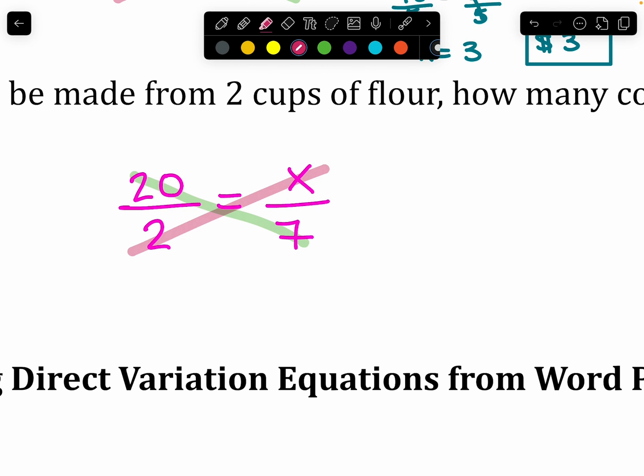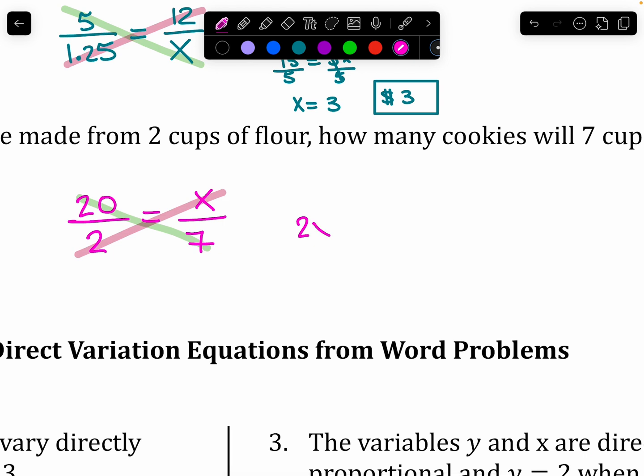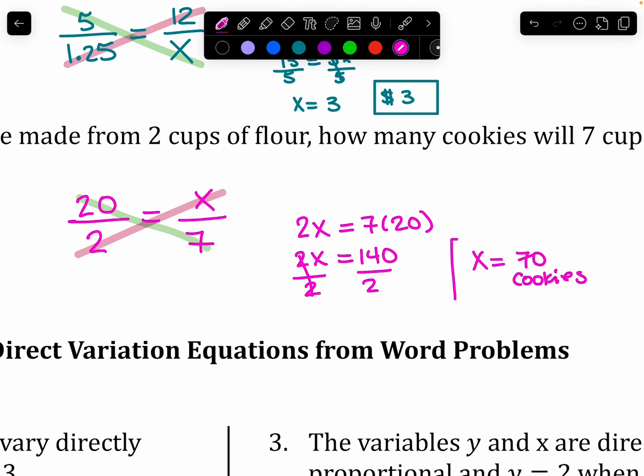So here's my proportion. I've got my proportions being multiplied across using cross multiplication this way. So that's going to be 2 times x equals 7 times 20. 2x equals 140. We divide both sides by 2, and we know that x will equal 70 cookies.